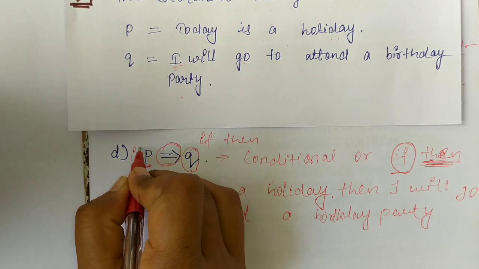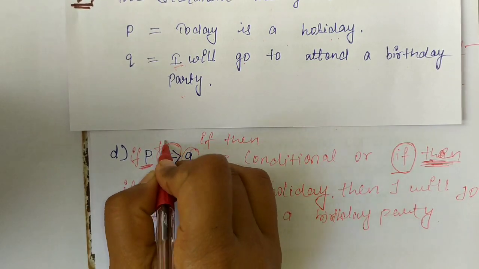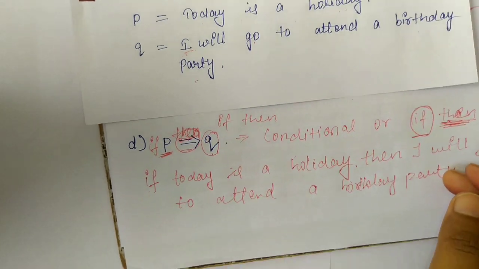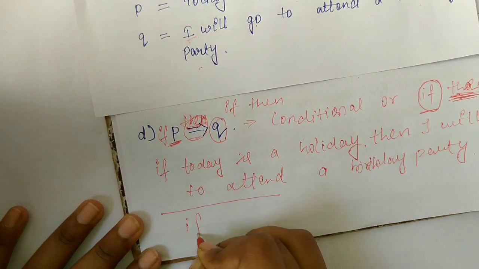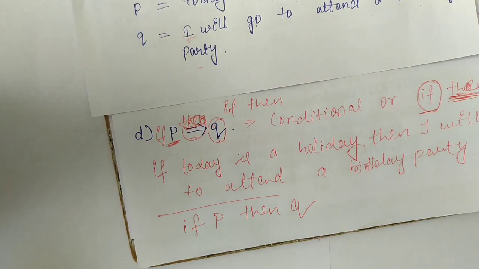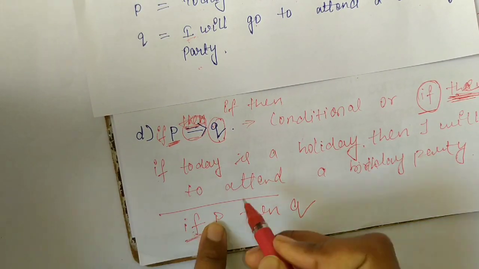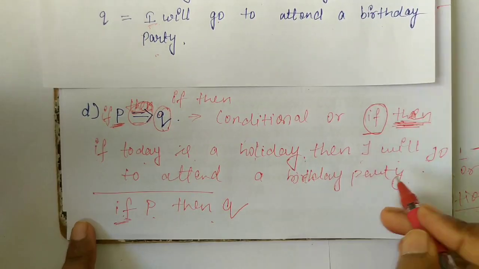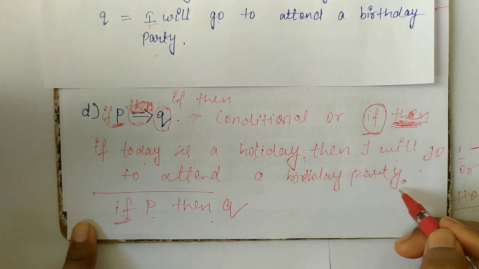So firstly write if, the value of P, and in the place of the conditional sign we write then Q. That means if P then Q. So if P, today is a holiday, then Q, I will go to attend a birthday party.